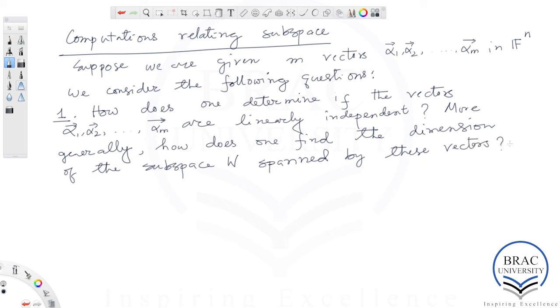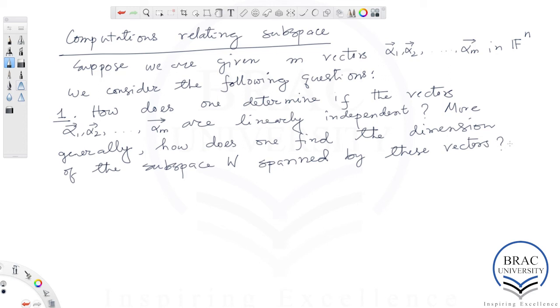In the case when these m vectors are not linearly independent, that is, if the subset consisting of these m vectors is not a linearly independent set, we can still ask the question, what is the dimension of the subspace spanned by these vectors? So more generally that will be the question, even in the case when these vectors are not linearly independent.